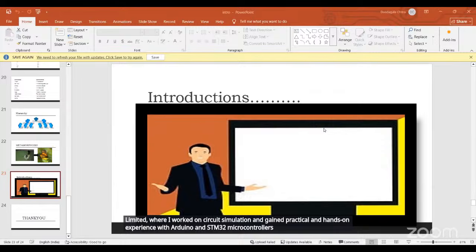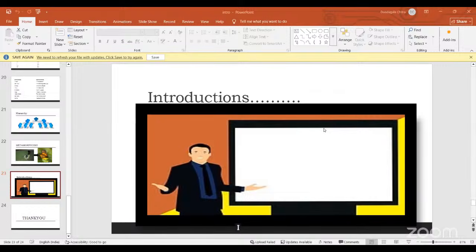I also developed a project on a fingerprint authenticated vehicle start using Arduino, which enhanced my knowledge in embedded systems interfacing. I believe that I can add value to your organization by applying my internship and project experience and by being a quick learner and a dedicated team member.